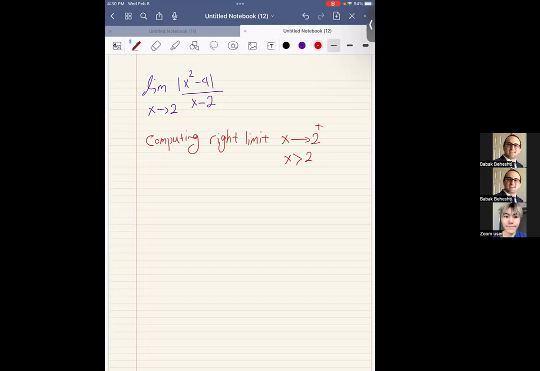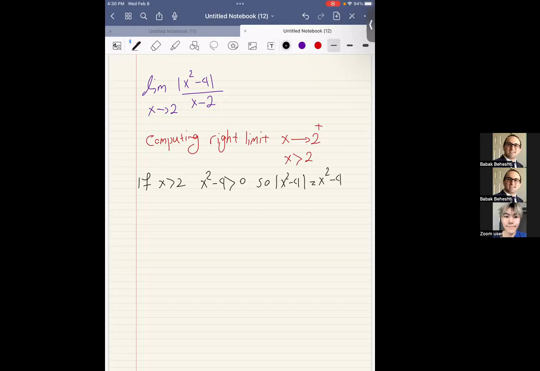Now, if x is greater than 2, then x squared minus 4 is greater than 0, right? So the expression inside the absolute value is positive, and the absolute value of x squared minus 4 is just equal to x squared minus 4.